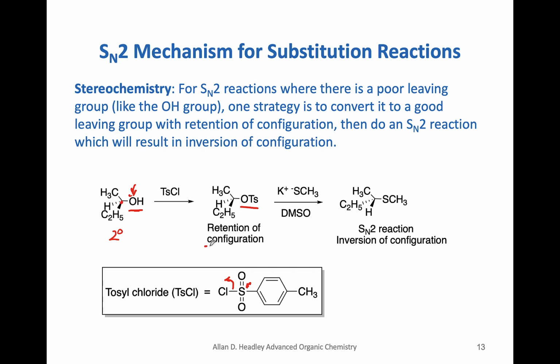So this is a retention of configuration. Now here we have the SN2 reaction where this comes in and kicks this out as a leaving group to get an inversion. So if you happen to do a synthesis and you need 100% inversion here, here is a strategy, especially if you have a poor leaving group such as your OH.